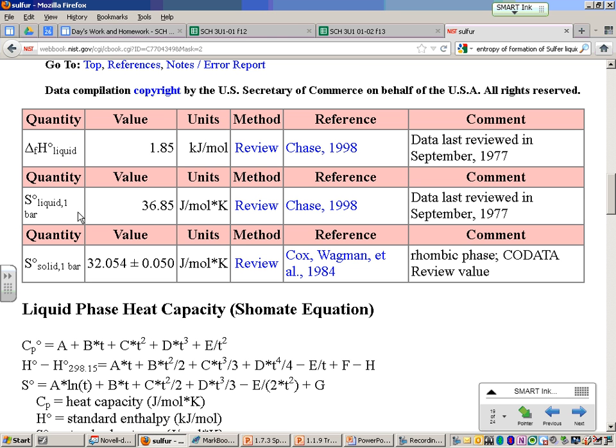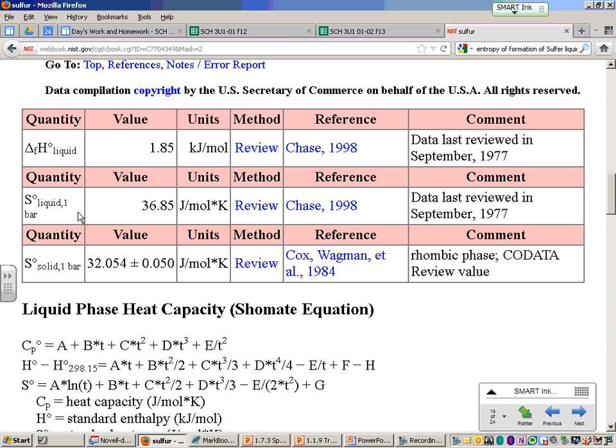Holy cow! All right. I've been frazzled. Delta H: 1.85 kilojoules per mole.